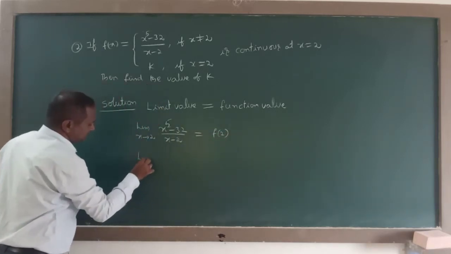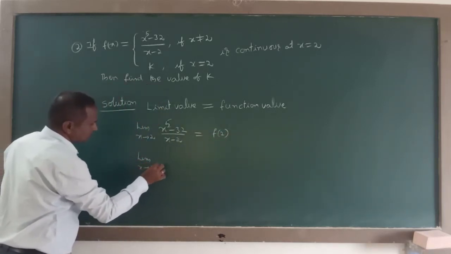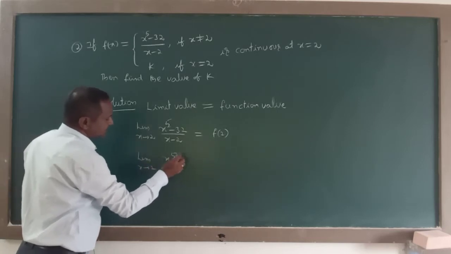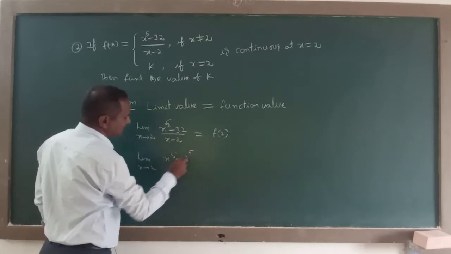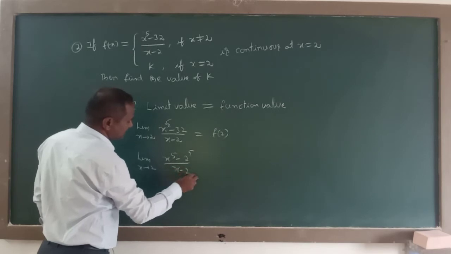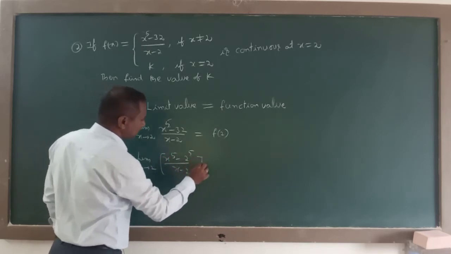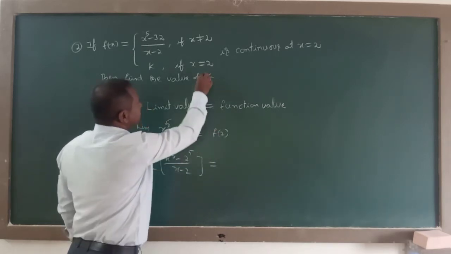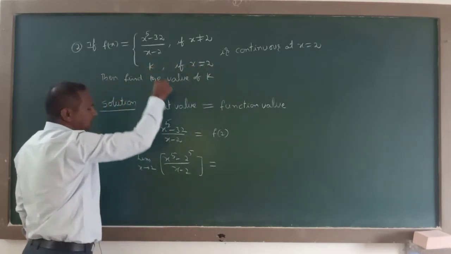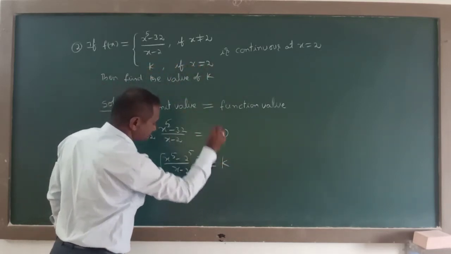That is, limit x tending to 2 of x to the power of 5 minus 2 to the power of 5, whole divided by x minus 2, is equal to f of 2. Corresponding to the equal symbol, the value we get is k.